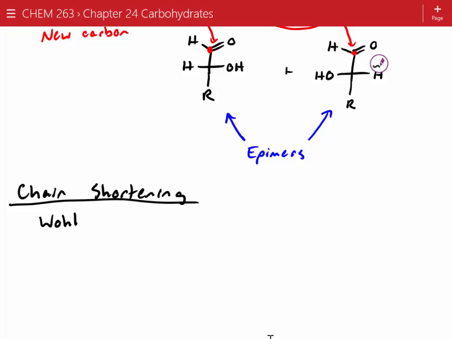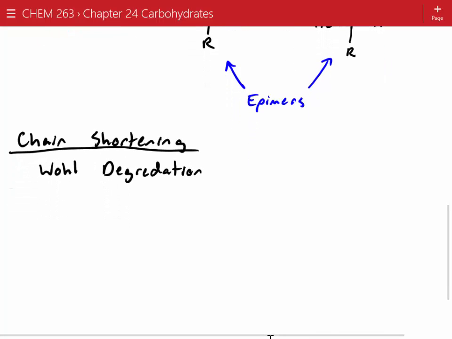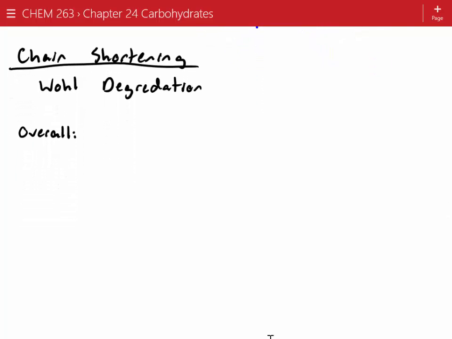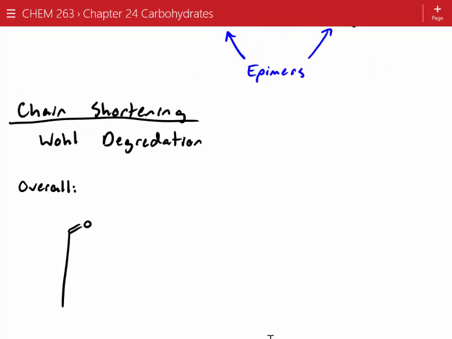This is chain shortening. And this is called the Wohl degradation. The Wohl degradation, I'll tell you, isn't synthetically that useful, but it was used during the early study of sugars to figure out how they were made, or sorry, their absolute configuration. So let's do the mechanism here.